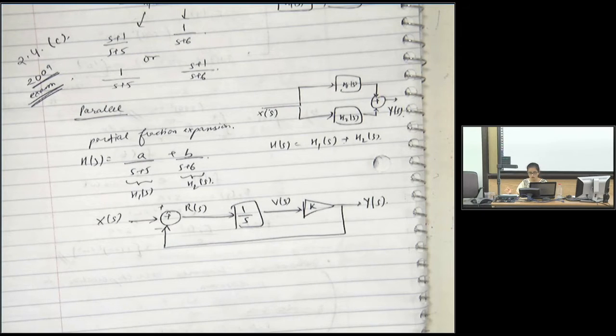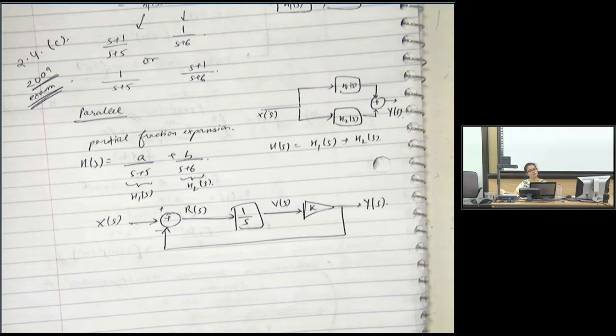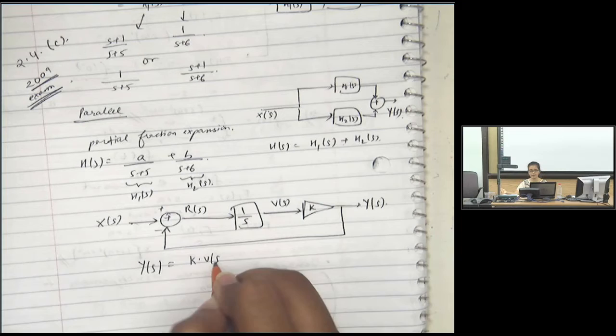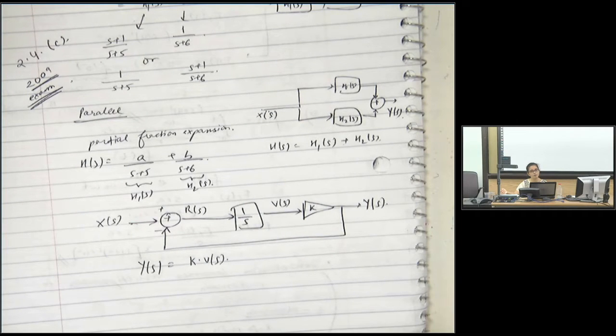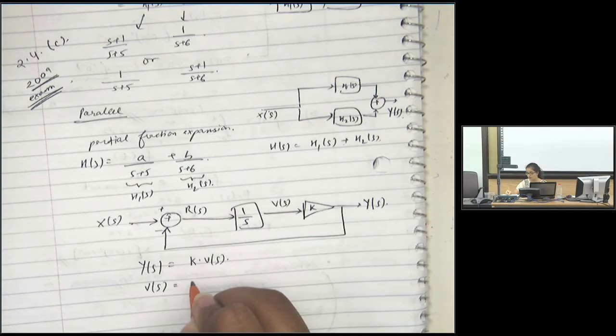All right, so here we have to find the transfer function. What will be my first step? You can say Y of s is equal to V of s times K. So first equation: Y of s is K times V of s. Next, V of s is equal to R of s times 1 over s, so V of s is R of s over s.